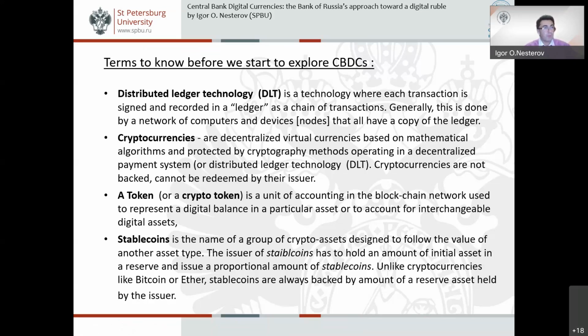Generally, as I've already said, all these computers, all these devices have a replicated copy of information, and due to the fact that there are so many identical copies of the information replicated in these nodes, these crypto assets and cryptocurrencies are very difficult or even impossible to counterfeit.